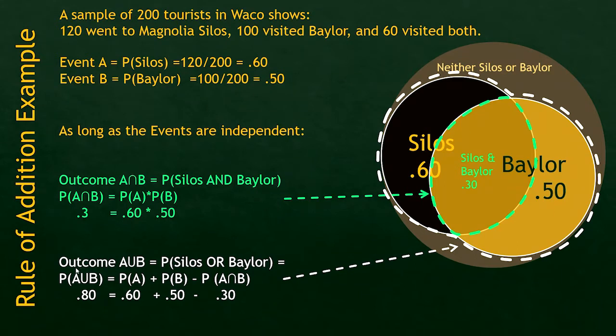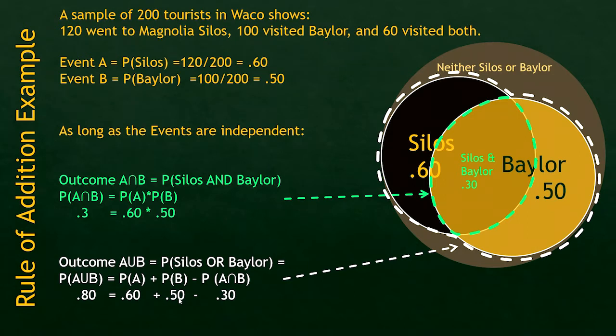Okay, so now the outcome of the probability of A or B. In other words, they could go to the silos, or they could go just to Baylor, or they could go to the silos or Baylor. And what we're going to do there is the probability of A, which is 0.6, once again, the probability of them going to the silos, plus the probability of them going to Baylor, which is 0.5.